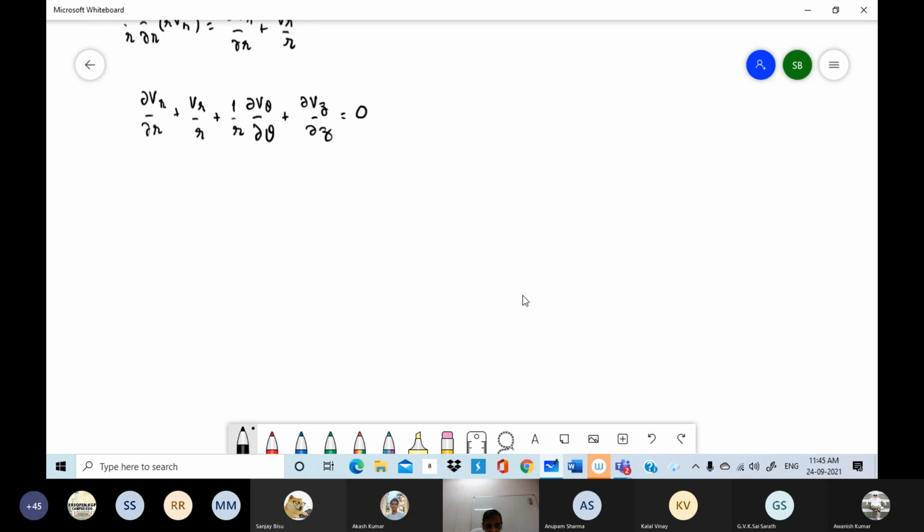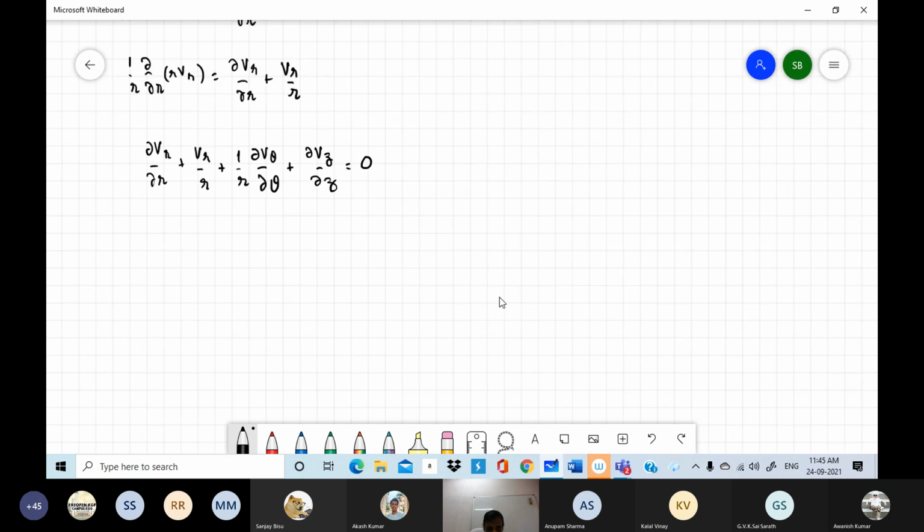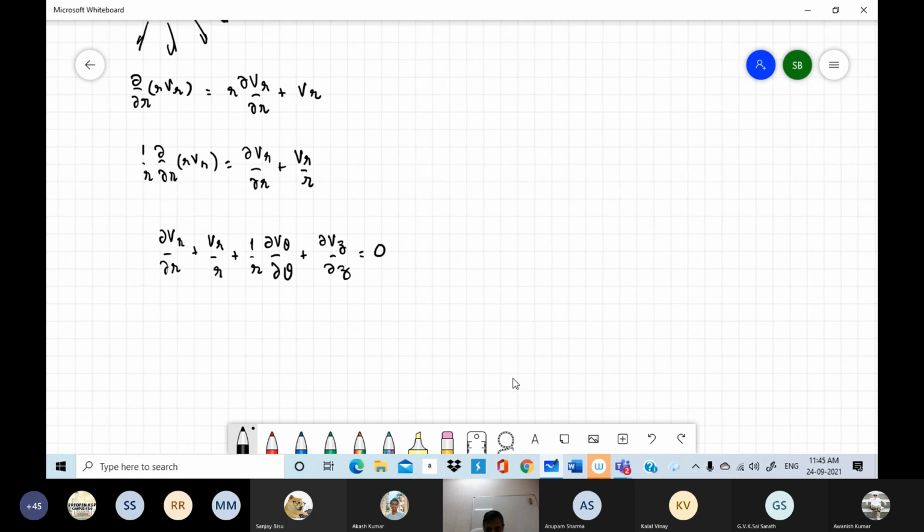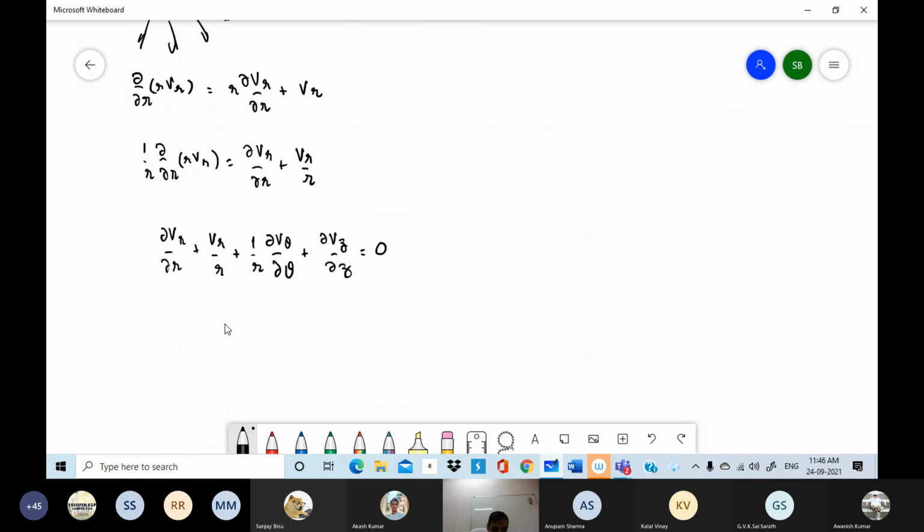So this is how we write the condition for conservation of mass in cylindrical coordinates. I'll leave it as an exercise to you.